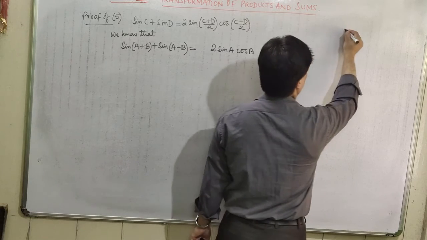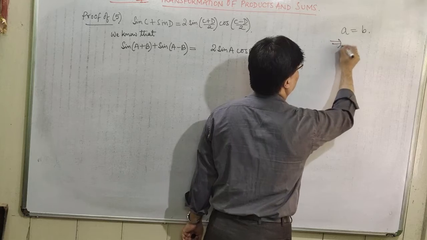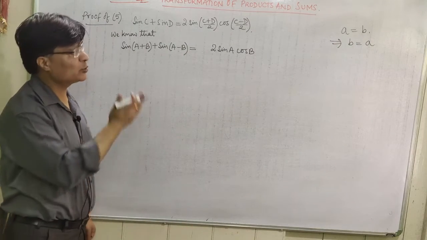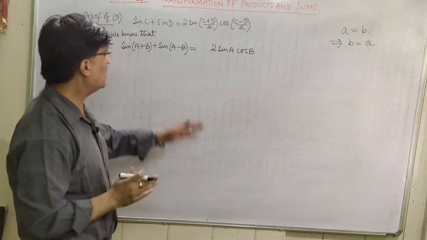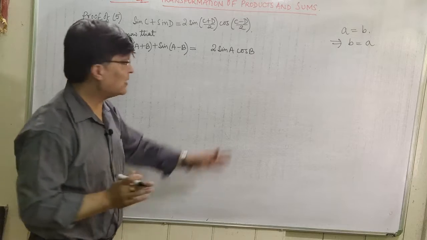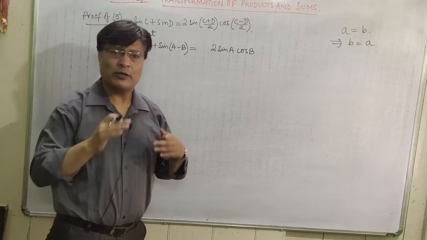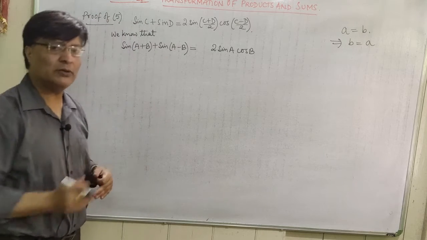So if A is equal to B, then you may write B is equal to A also, isn't it? So similarly, the formula is written like this. That is, sin of (A plus B) plus sin of (A minus B) is equal to 2 sin A cos B. So here we have changed left hand side to right hand side and right hand side to left hand side.